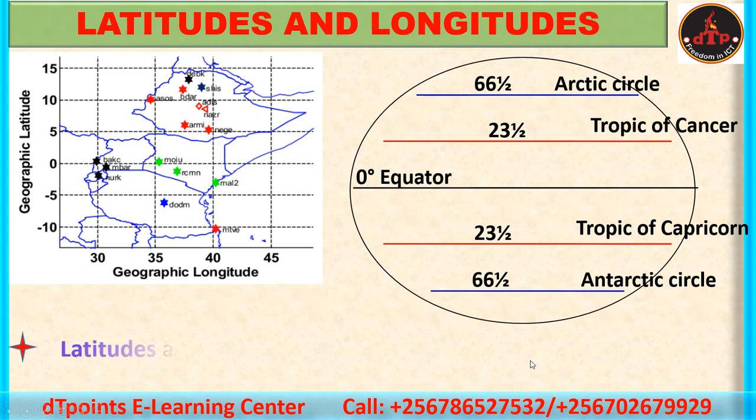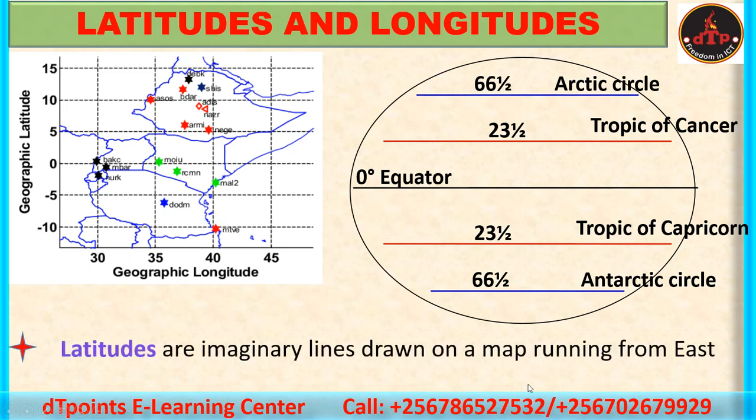Let us continue and look at latitudes. The other one was a latitude; this one is now latitudes. Latitudes are imaginary lines drawn on a map running from east to west of the globe.